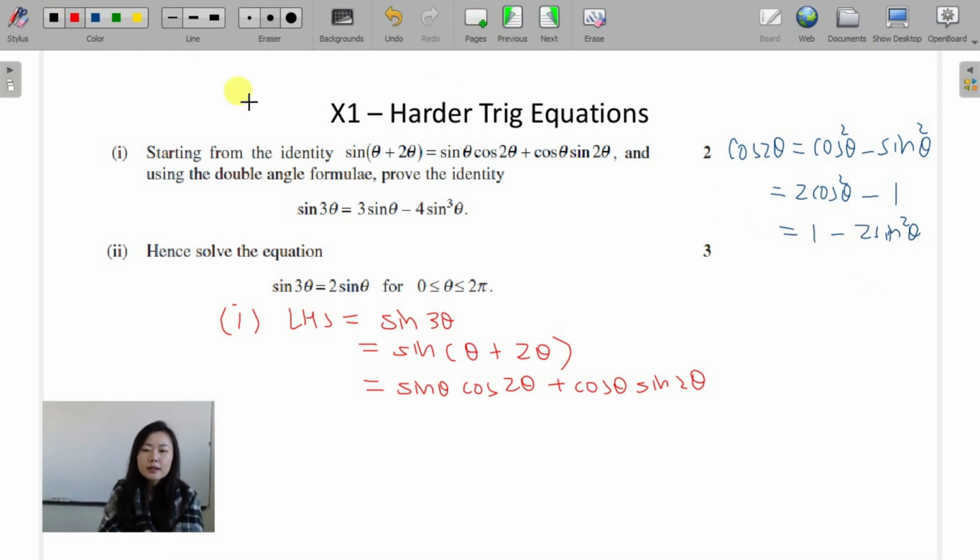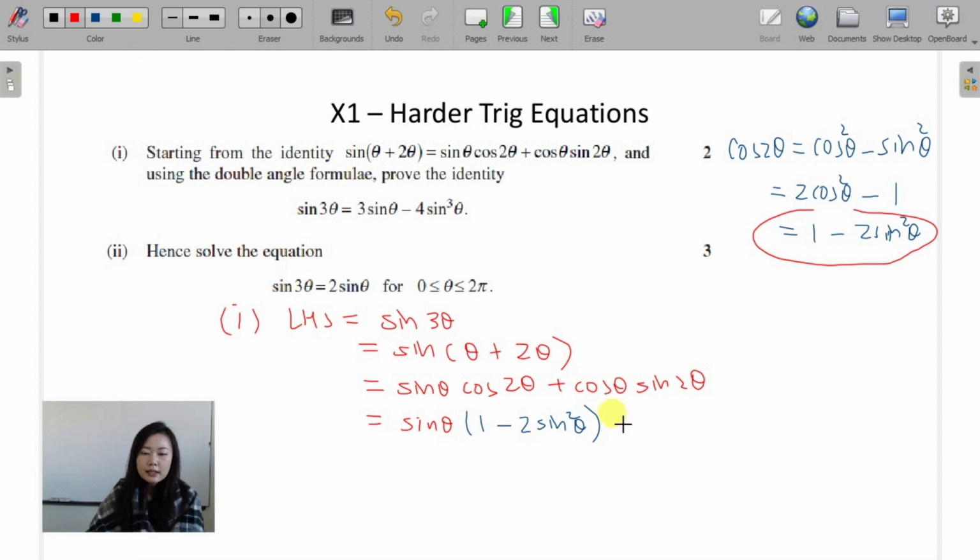Given that we are trying to express everything in terms of sine, you want to use this version here because it's purely in terms of sine. Wherever I've replaced something with an identity, I will use a different color. So this one, I'm going to use the double angle rule identity.